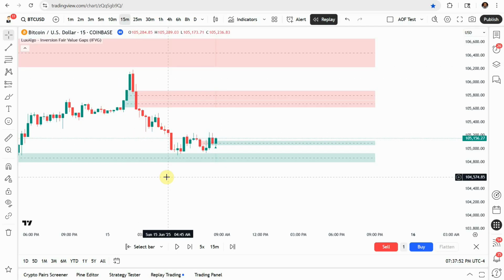Now in the source video, they did go on to explain that you shouldn't necessarily use this indicator all by itself, that you should use it, say, in combination with a trend analysis to identify a particular trend direction, and then trade the fair value gaps that align with that trend direction.